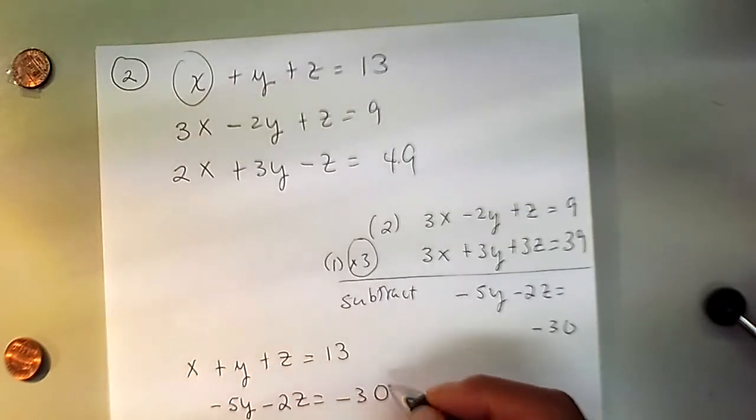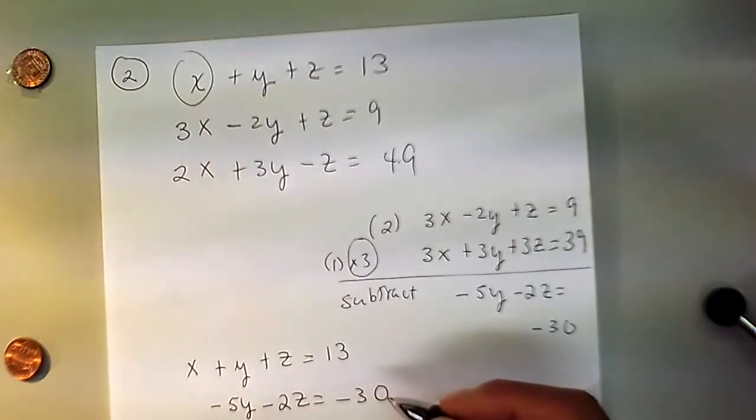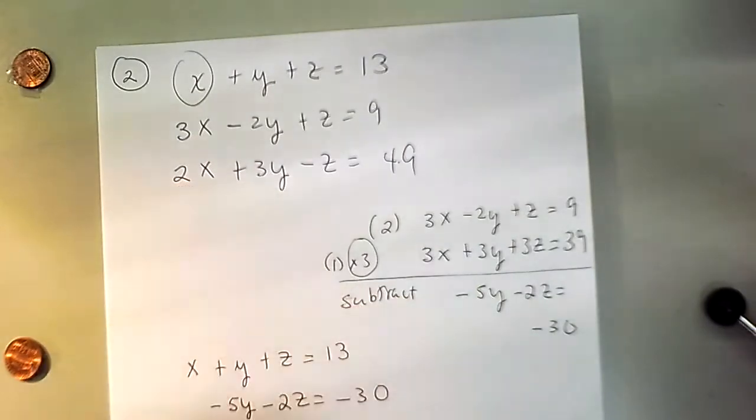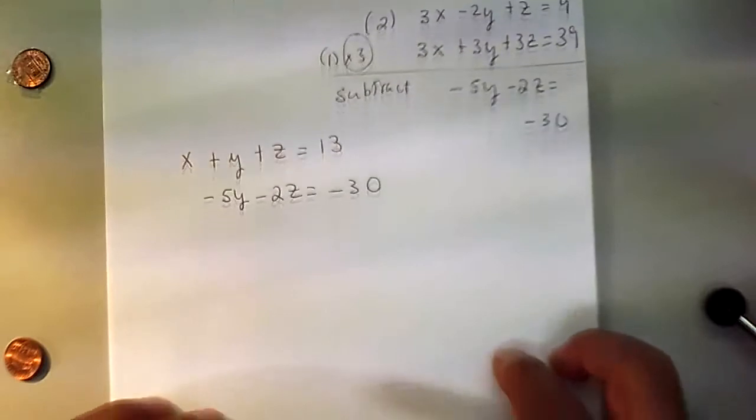Oh, there's one other thing I missed to do. We need to also eliminate the x from the third equation. Barnacles, where do I do that? There's not a lot of room on this page. Let me do that down here.